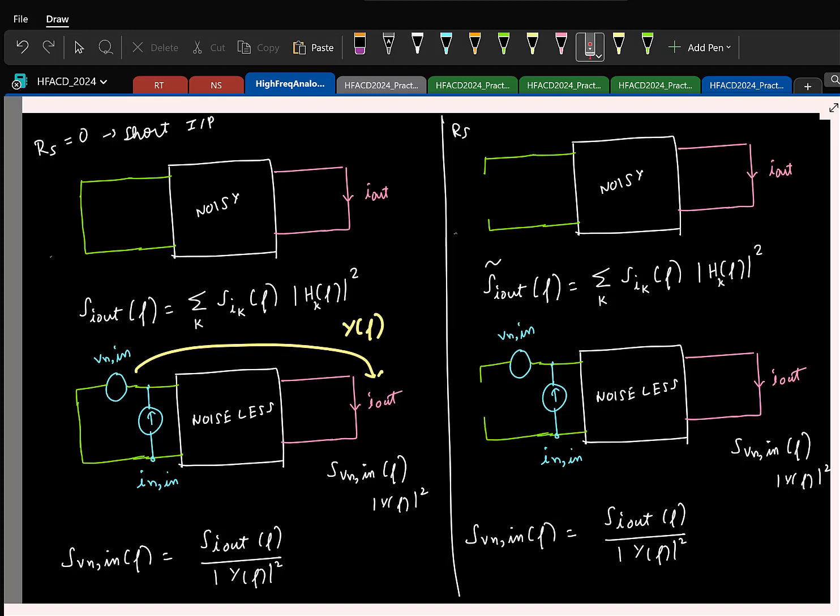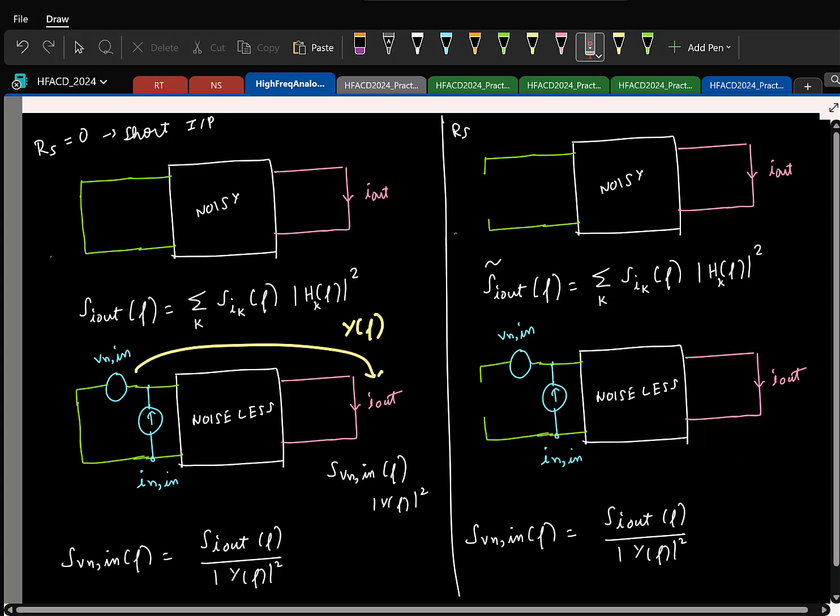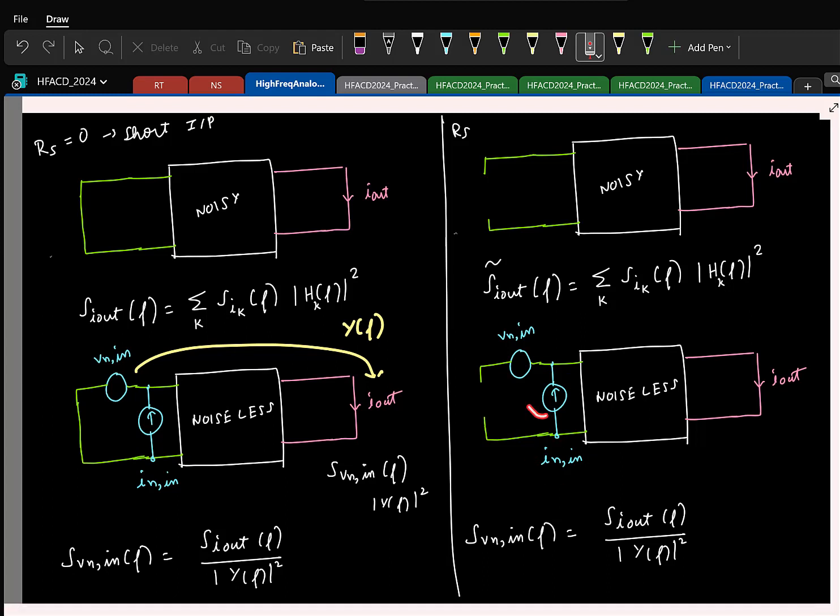So you open RS and then you find the short circuit noise current, and then you take this model. Here, you will have noise only due to this input referred noise current. So the power spectral density of this source times the transfer function from this current to the output current. That is going to be a dimensionless transfer function h of f.